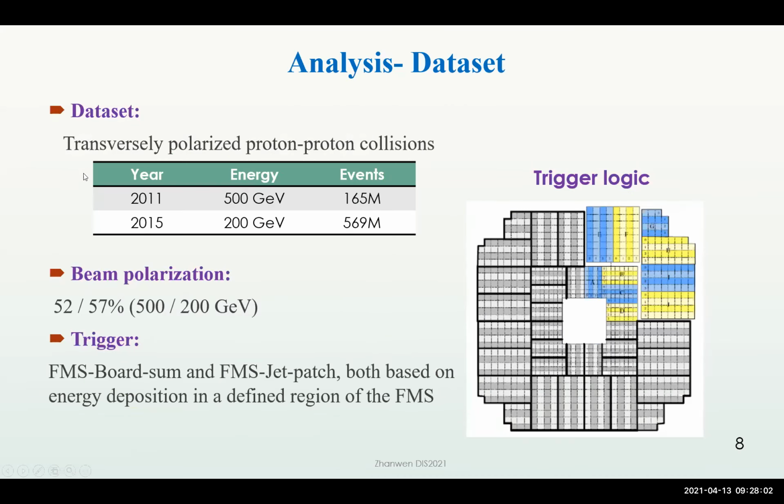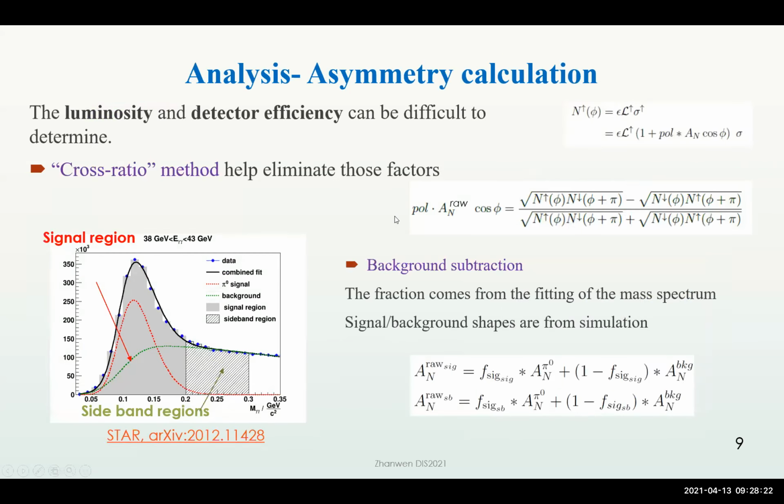The data we use is from 2011 and 2015, which are 500 and 200 GeV, with above 50% polarization. All the data are triggered by the FMS itself. The principle is simple.